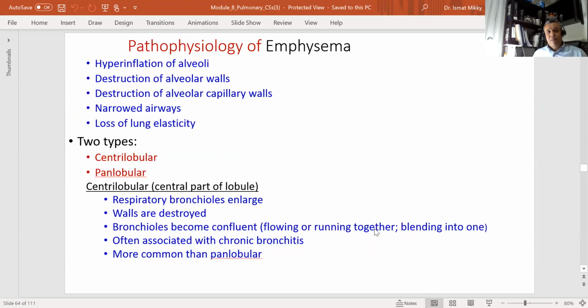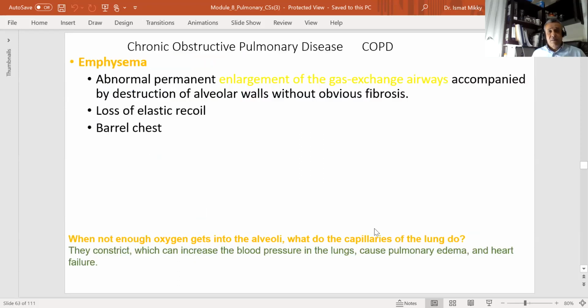So emphysema is the abnormal permanent enlargement of the gas exchange airways, accompanied by the destruction of the alveolar walls without obvious fibrosis, as the previous slide states.